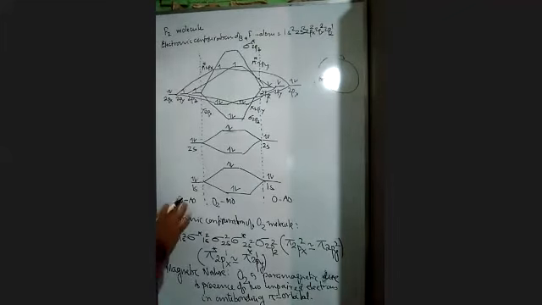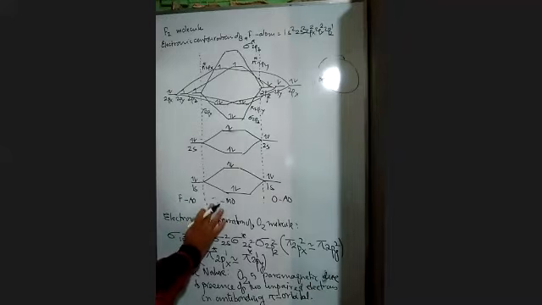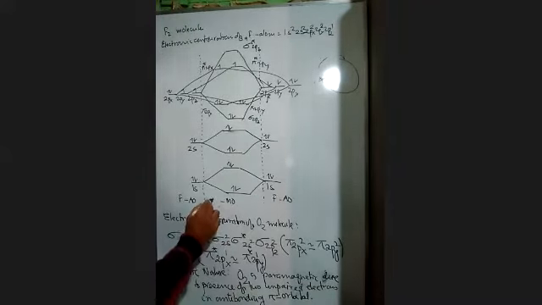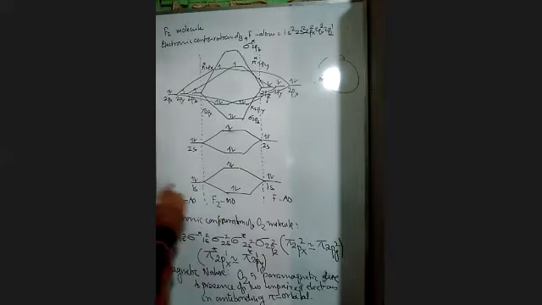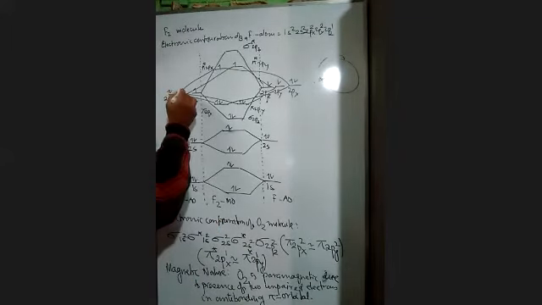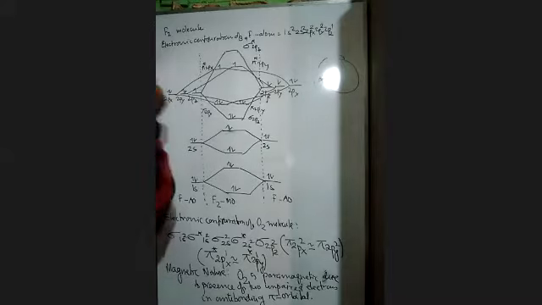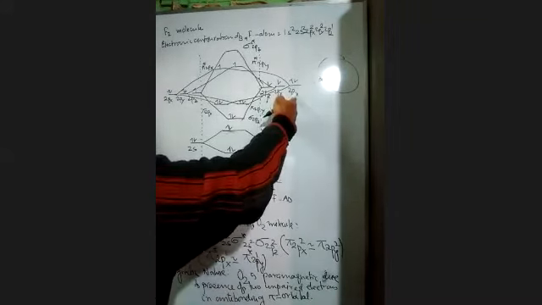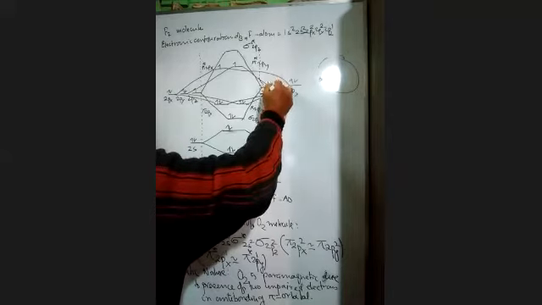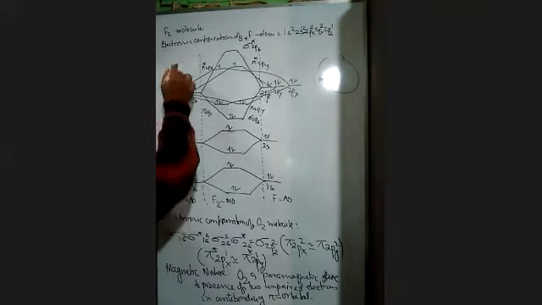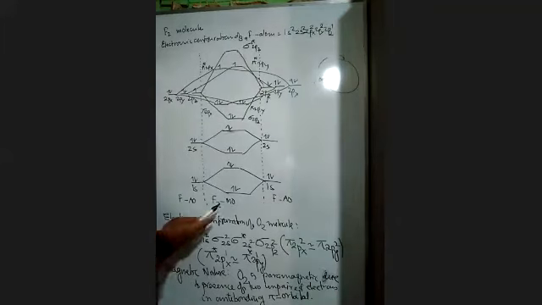So we'll draw the same way. Fluorine atomic orbitals. Yes. So now 1s2, 2s2, 2px2, 2py2, 2pz1. Okay. So 9 plus 9, 18.